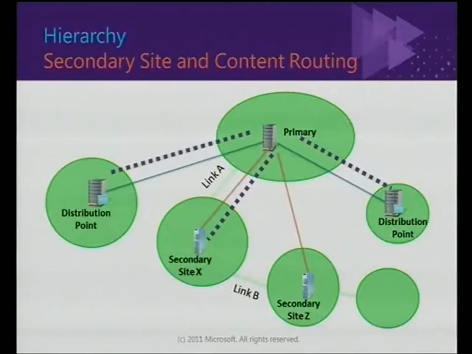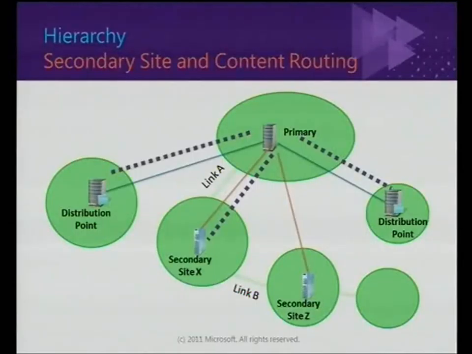So what we can do, this is a new feature, we have to leave secondary site Z reporting to the primary site. There is no choice there, we have to do that. But we can set a new relationship between secondary site X and secondary site Z. And that's called a content routing relationship.